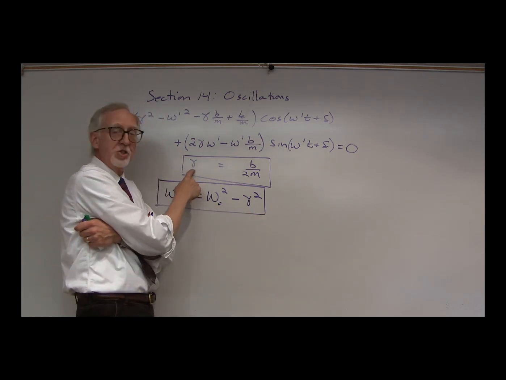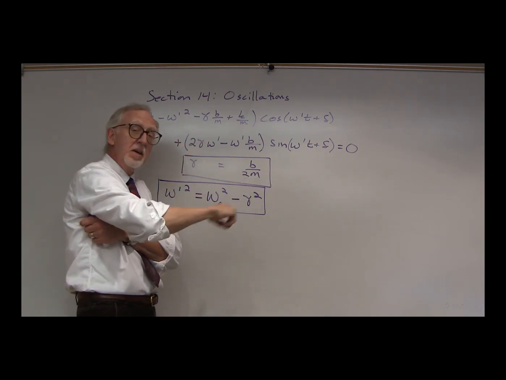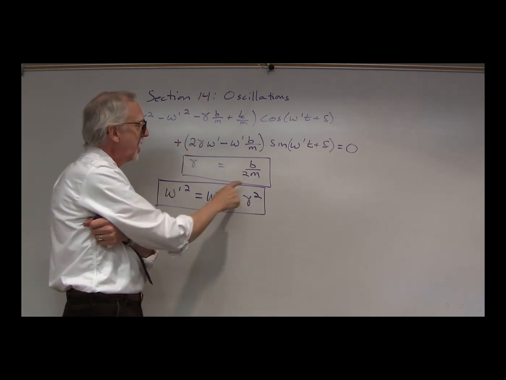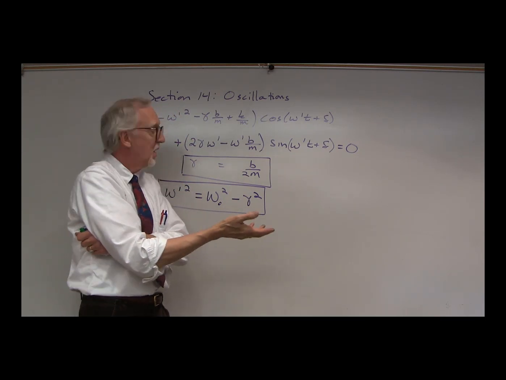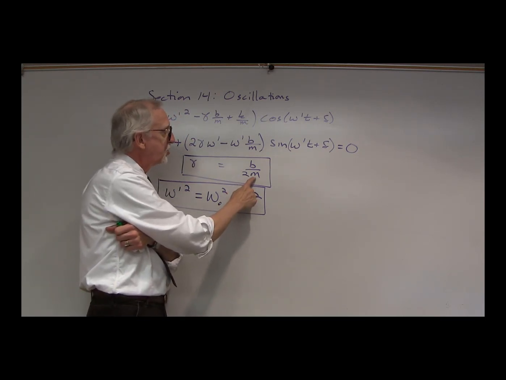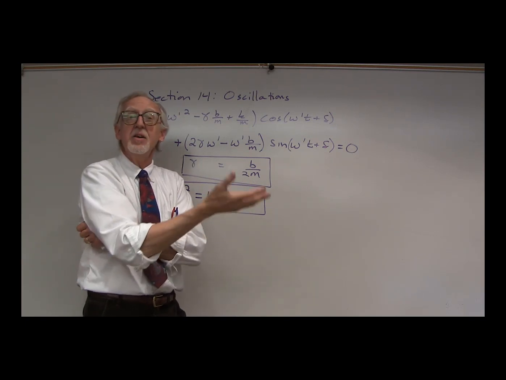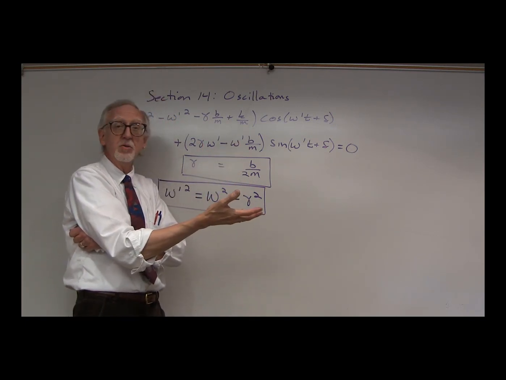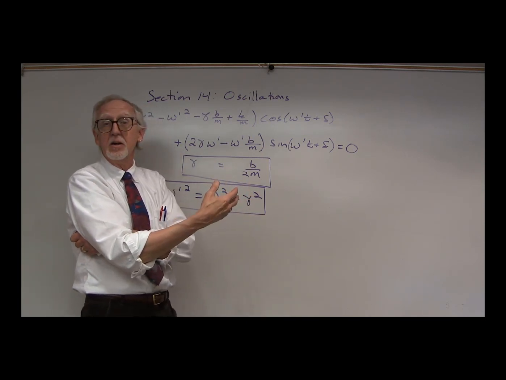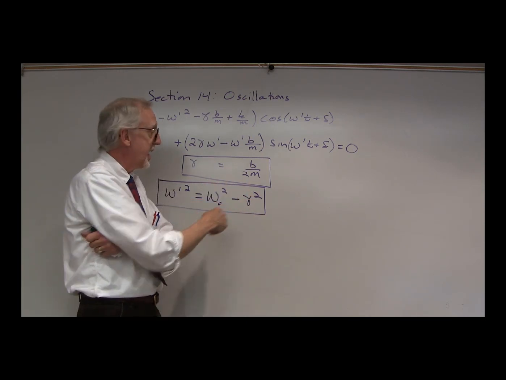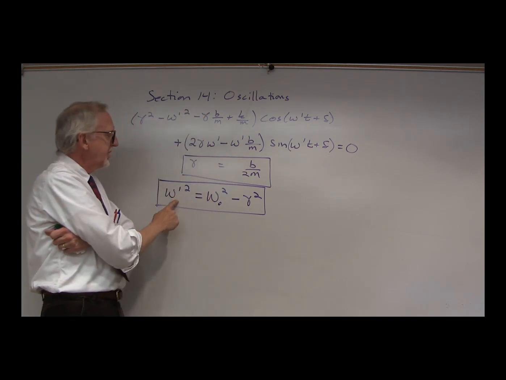And so the larger gamma, the quicker the amplitude damps out. And the smaller the mass, the faster the damping force will slow it down. So that makes sense.